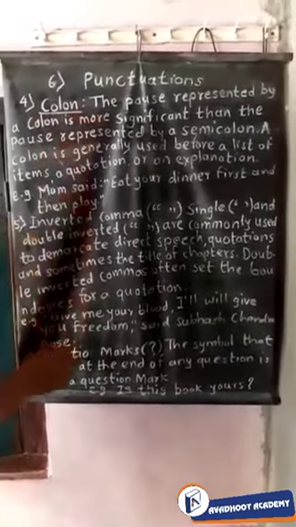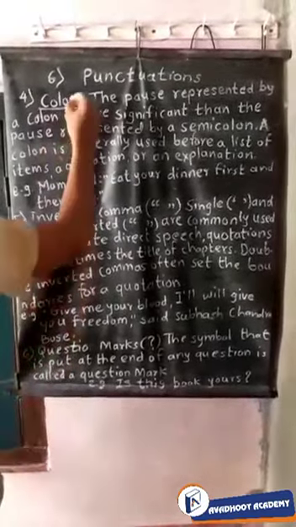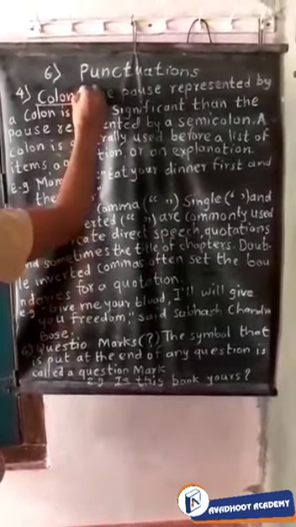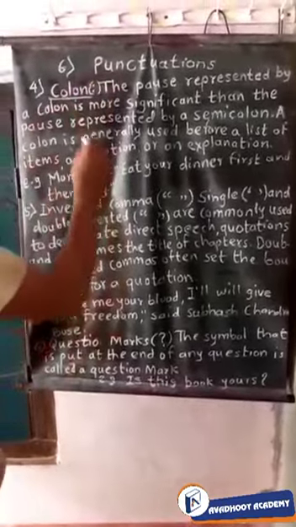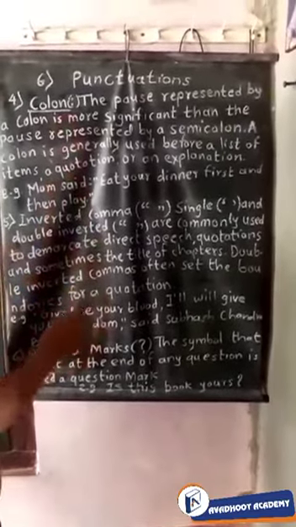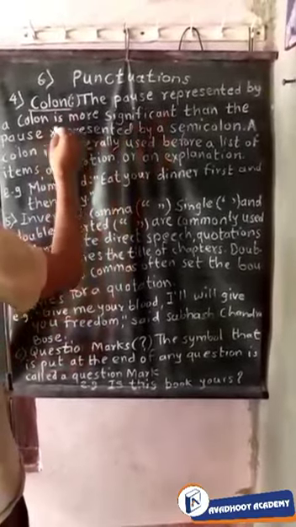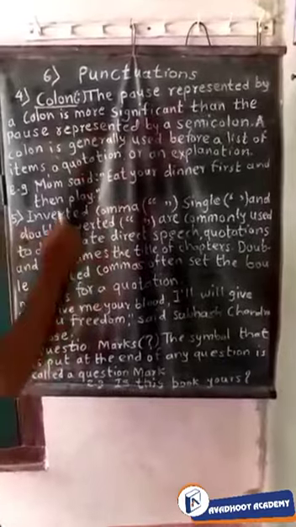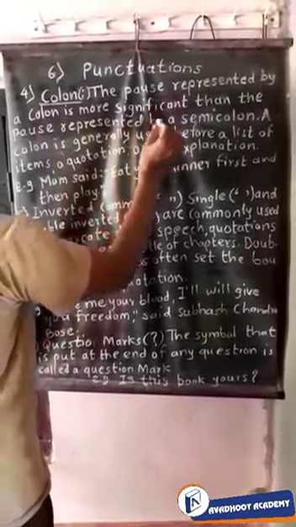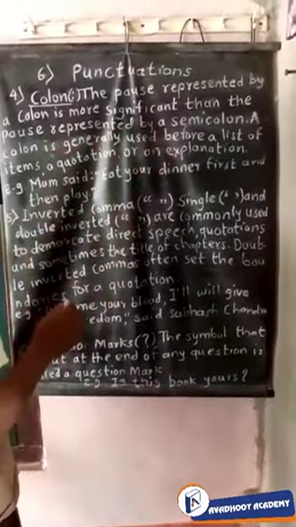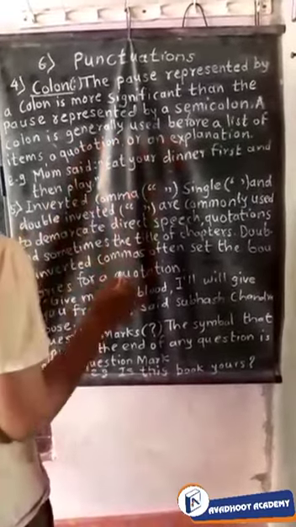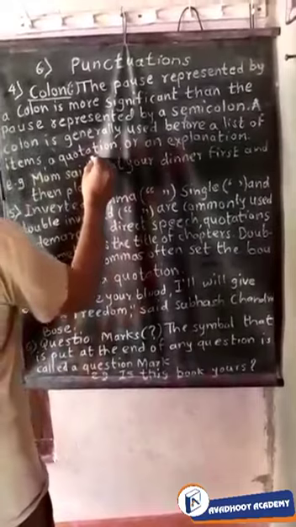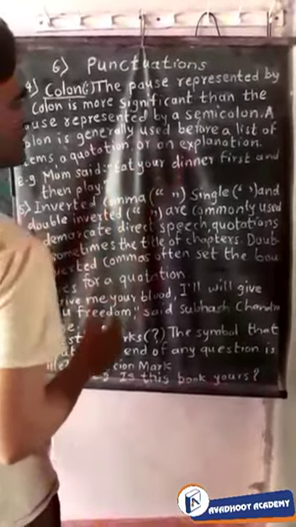What is meant by colon, and when do we have to use it? The sign of a colon is two dots. The pause represented by a colon is more significant than the pause represented by a semicolon. A colon is generally used for a list of items, a quotation or an explanation.